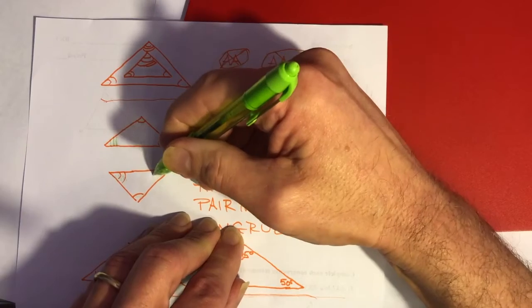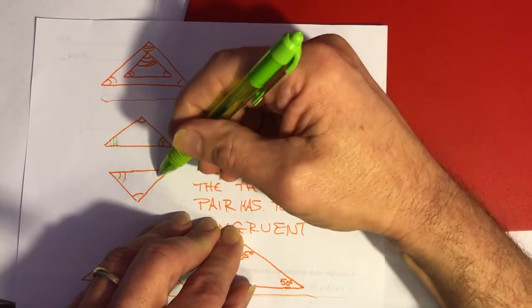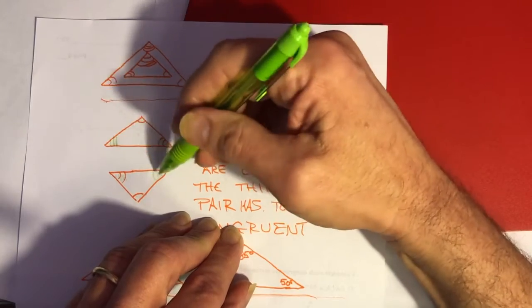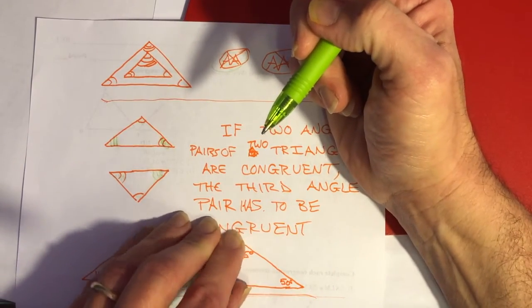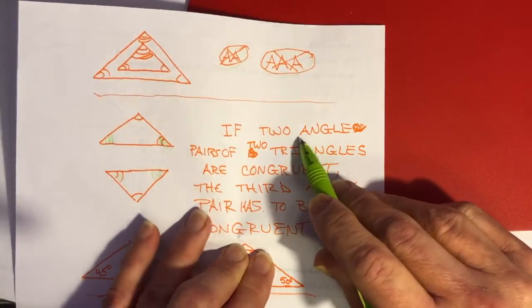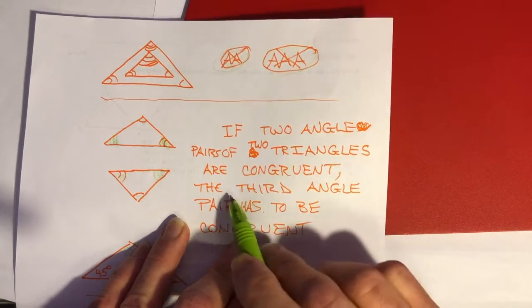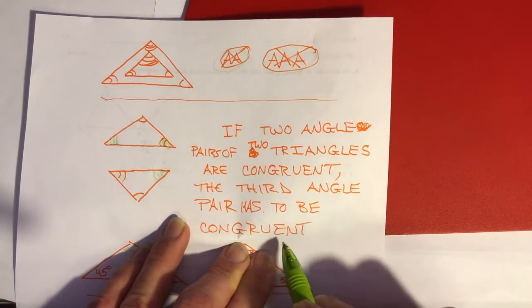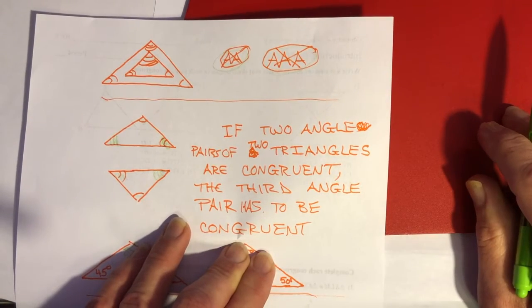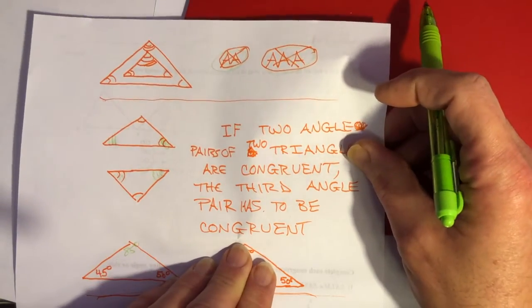The answer has to be the same the second time too, because I'm doing exactly the same arithmetic. And that means these two angles have the same measure as well. So it is a fact that if two angle pairs of two triangles are congruent, the third angle pair has to also be congruent. Okay. Now, here's something kind of interesting.